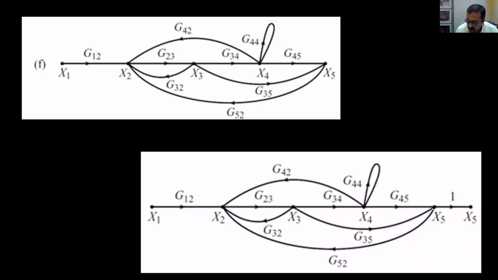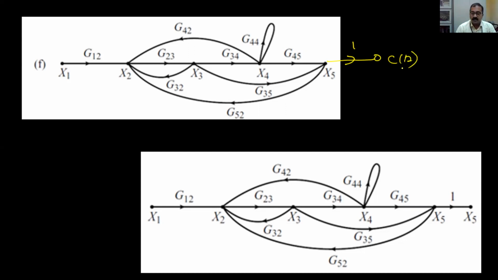So just to create an output node, we will add one more node with a gain of 1, like this. Now this is the output node which has only an incoming branch. That is what you are seeing here. So by adding another branch with a gain of 1, you can create an output node. So this is the complete signal flow graph.